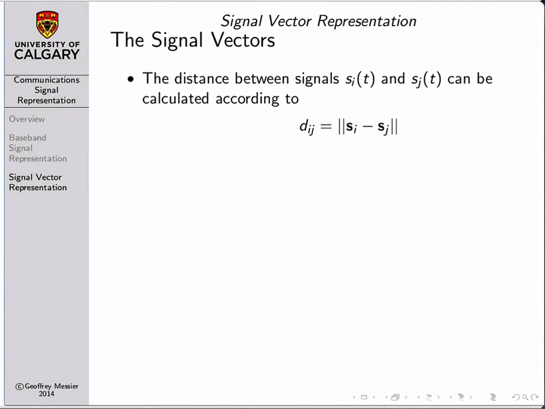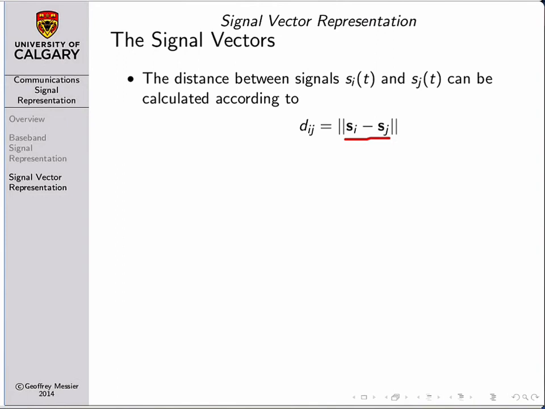Another really important concept related to signal vectors is the distance between two signal vectors. It's possible to calculate the distance between any two points in any vector space just by taking the norm of the difference between the two vector values. And so that's the calculation.